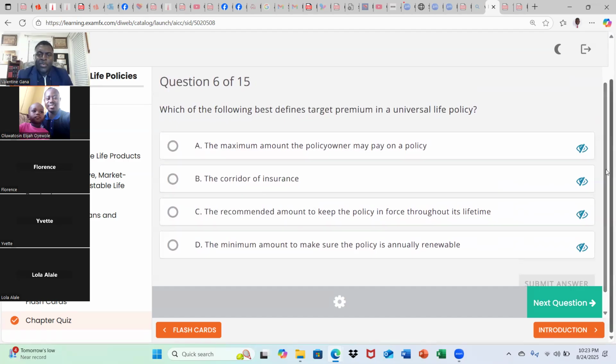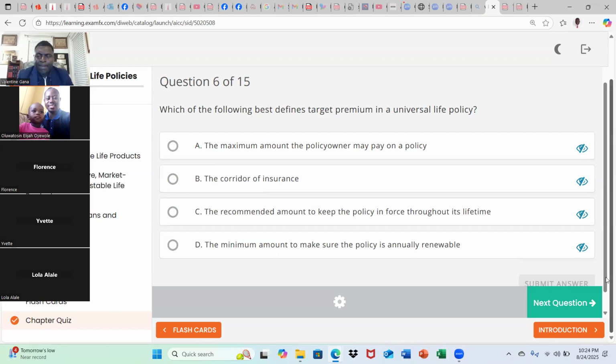Oluwatosin, you want to read this one for us? Which of the following best defines target premium in a universal life policy? The maximum amount the policyholder may pay on a policy, the corridor of insurance, the recommended amount to keep the policy in force throughout its lifetime, the minimum amount to make sure the policy is annually renewable.